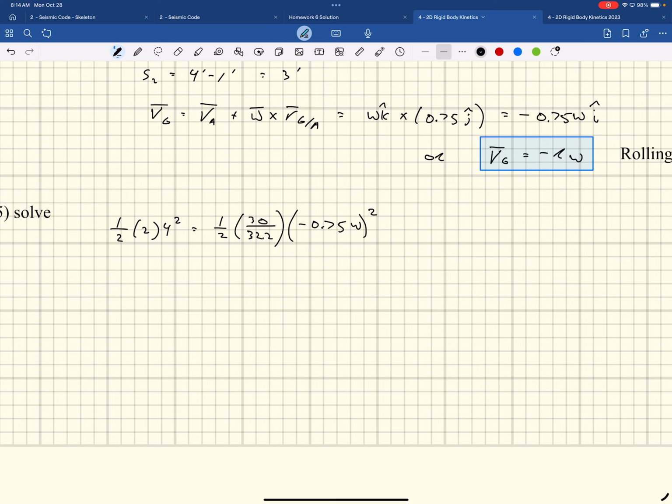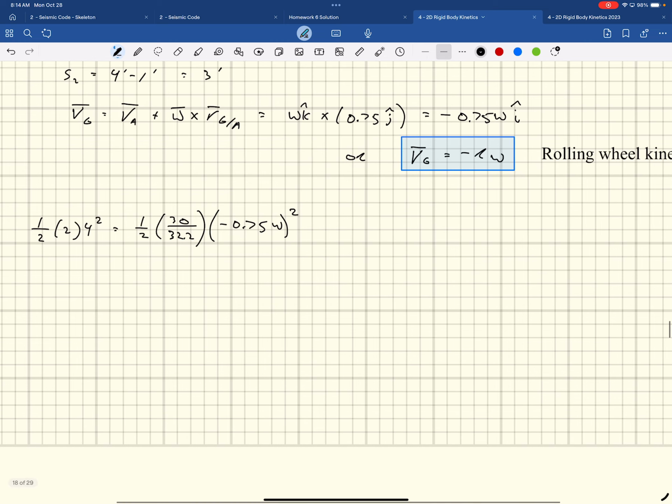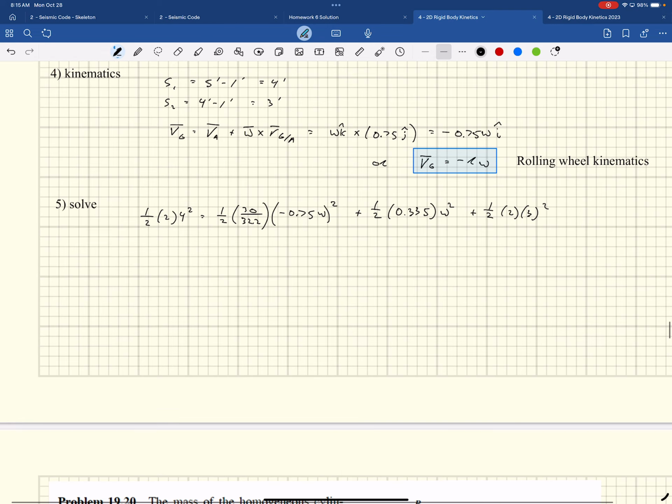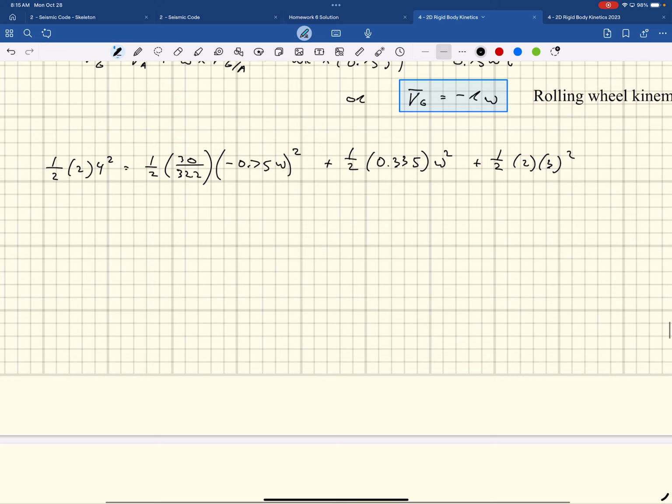I just substitute in what vG is, negative 0.75 times omega, plus 1/2 our IG, they gave it to us, 0.335 omega squared, plus 1/2 times 2, where 2 is our k stiffness, and 3 is our stretch. That's it. What you're solving for there obviously is omega.